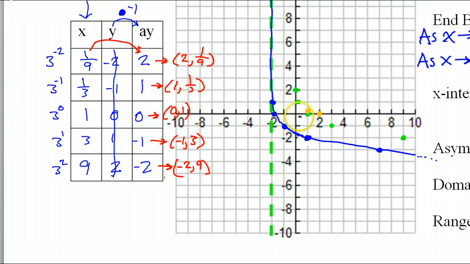Okay, (0, 1), so there's (0, 1). And then (-1, 3), so (-1, 3) would be here. And finally (-2, 9). So here's (-2, 9).